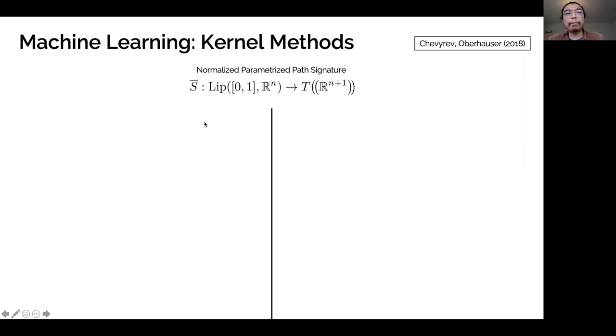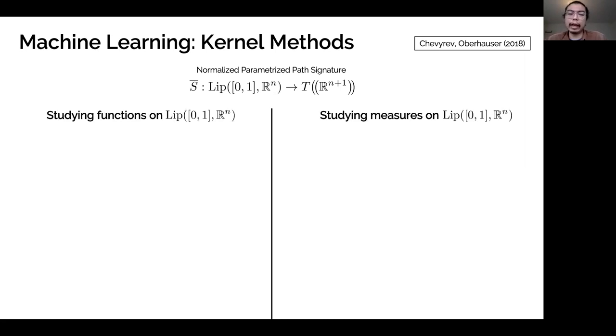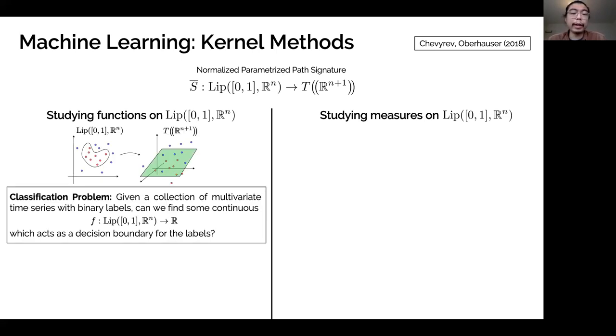And often in machine learning, we want to study two different types of data, which is looking at functions on some input space or measures on this input space. One example of studying functions is if we want to study some sort of classification problem. If we have a collection of multivariate time series, and let's say that these have binary labels.